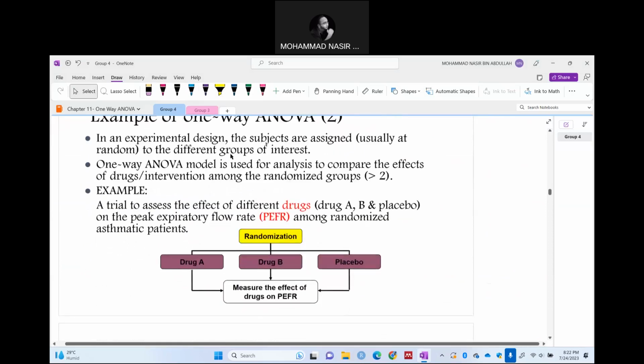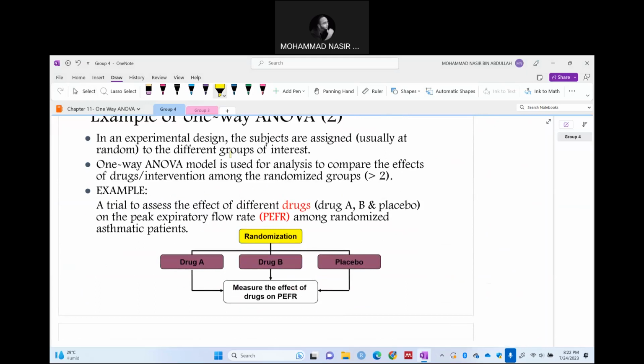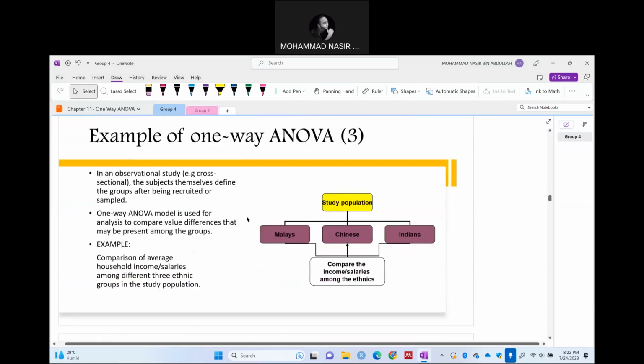So this is an example of a study design in one-way ANOVA. So we want to measure the effect of drug on PEFR, comparing drug A, drug B, and placebo. Drug A, drug B, and placebo are groups, more than 2 groups, right? So this is another example.